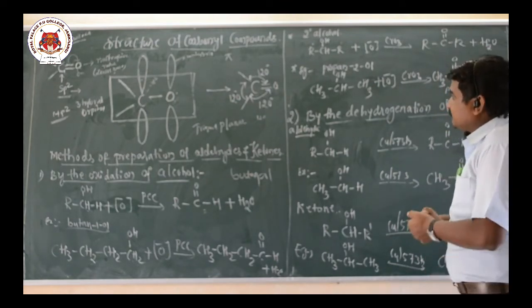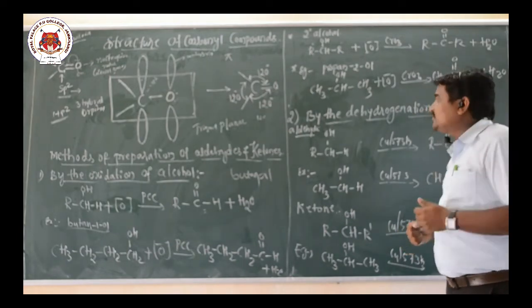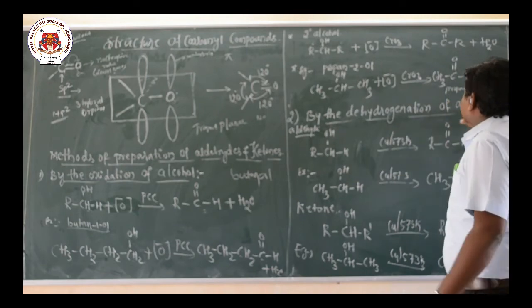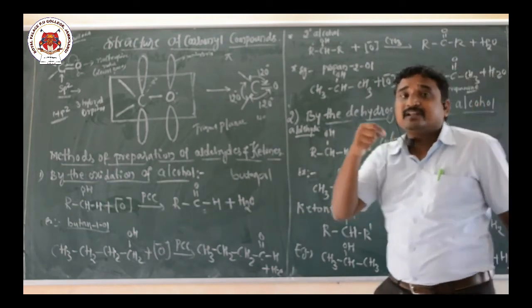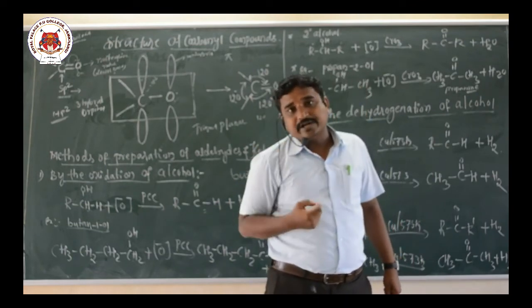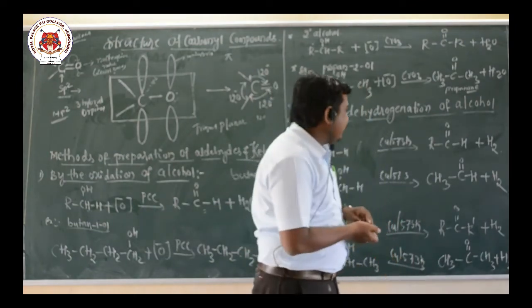The next method is preparation of aldehydes and ketones by the dehydrogenation of alcohol. The name itself indicates removal of hydrogen, H2.